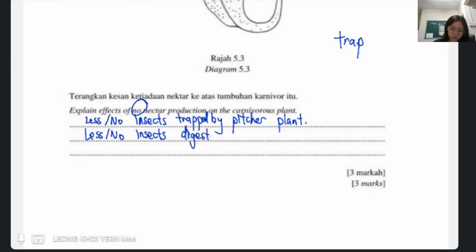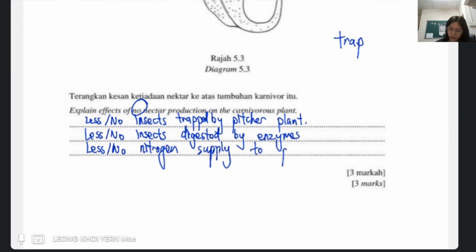Digested by digestive juice, or you can write enzyme. So when there are no insects or fewer insects digested, the nitrogen nutrient obtained will be less, right? So less nitrogen supply to the pitcher plant. When there's less nitrogen supply, there is less nitrogen used for protein synthesis.